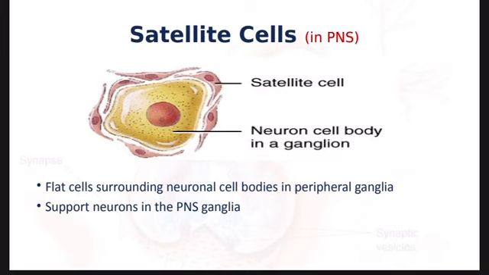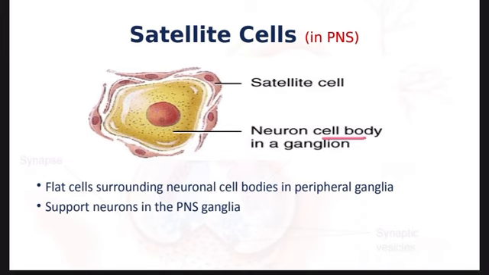Now in the PNS again, we have satellite cells and Schwann cells. Satellite cells are near the cell body. However, in the PNS, what do we call a cluster of cell bodies? Do we call it neurons or what?